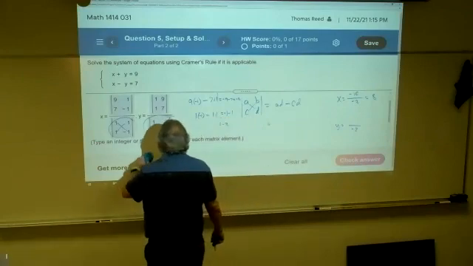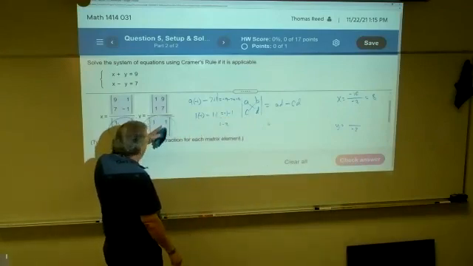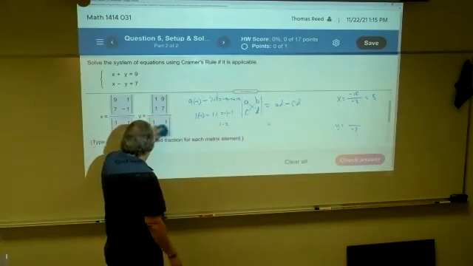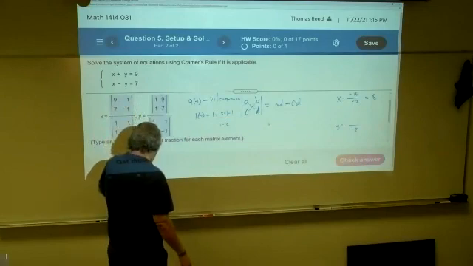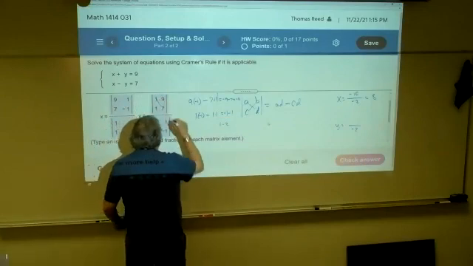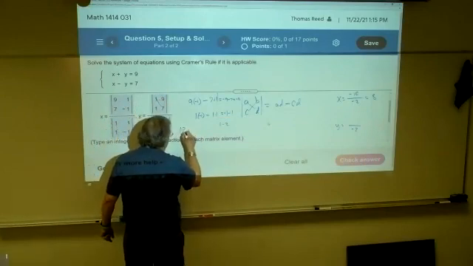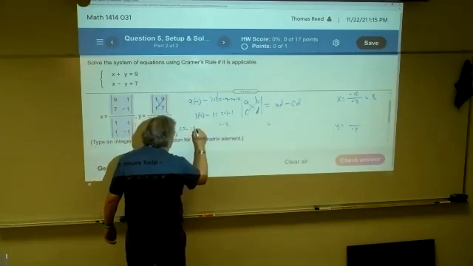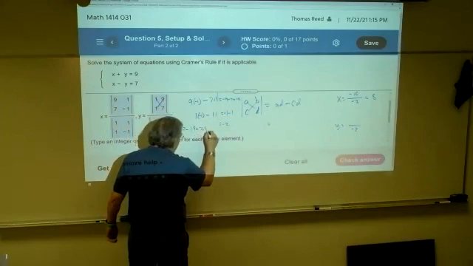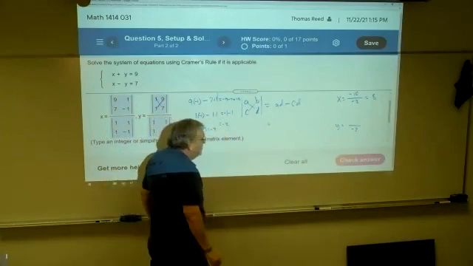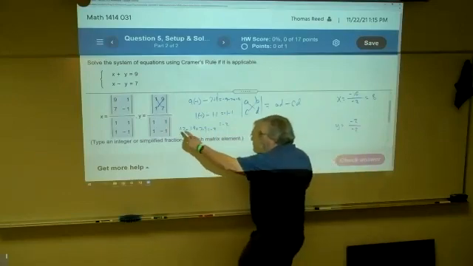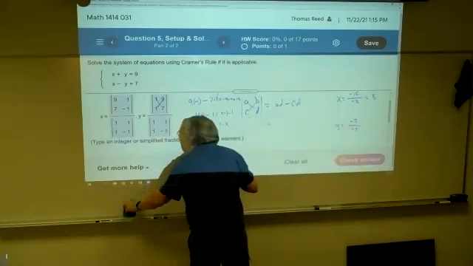Now, I don't need to find out what this denominator is again, because I already found it. So now I need to find out what this numerator is. Well, I have 1 times 7 minus 1 times 9. So that's 7 minus 9, which is a negative 2. So now we have a negative 2 in the numerator.